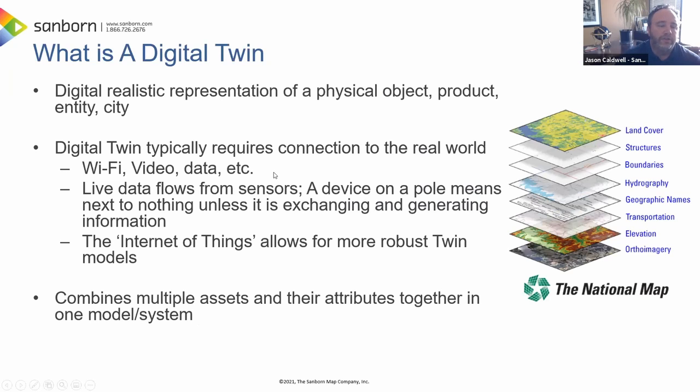So what is a digital twin? If you look at the first bullet on this slide, it's a digital realistic representation of physical objects, product entities, and cities, right? On the right-hand side, I show the foundational layers from the national map. When we think about GIS and the data we've been using for 30, 40 years within the mapping business and the GIS world, really we are working within a digital twin environment.